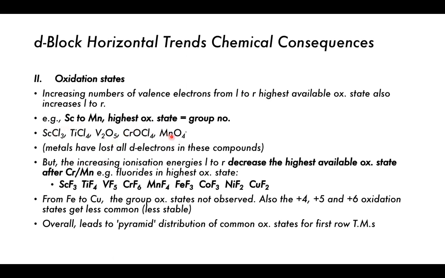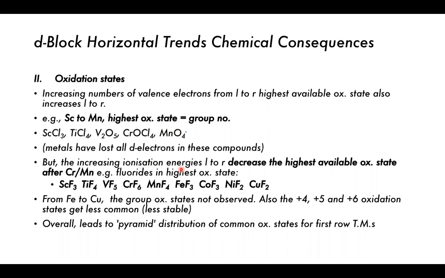In each one of these, the metals have lost all their d electrons. From scandium to manganese, it's all the way across to 7. So manganese is D7 in its elemental form, and it loses all of its electrons to form the permanganate ion.